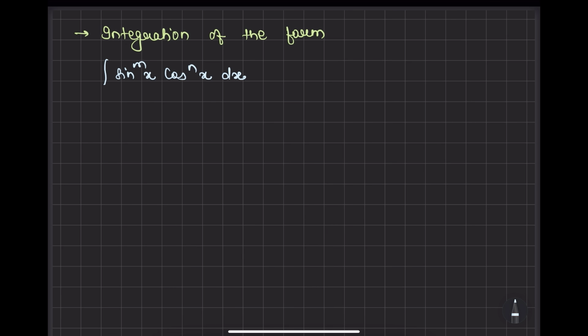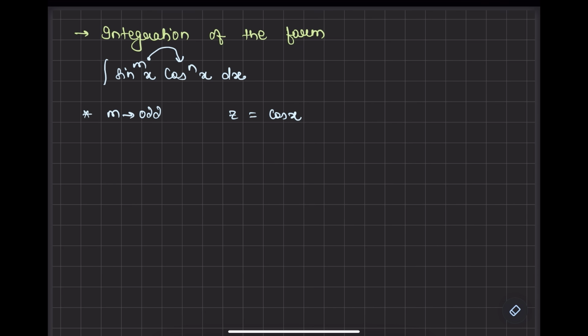So suppose that we have this situation: m is an odd number. So sine is having power as an odd number. So what you have to do, you have to take z as cos x. So if this is odd, you have to take cos x as z.